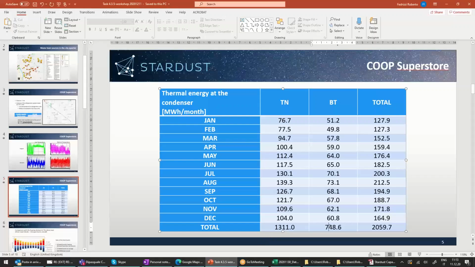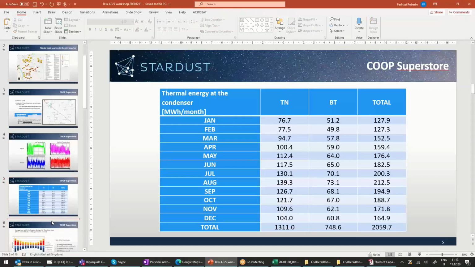The low temperature chiller something like half of that, 750 megawatt hours a year. So again, for those people who are not really on the technical side, this does not say much.